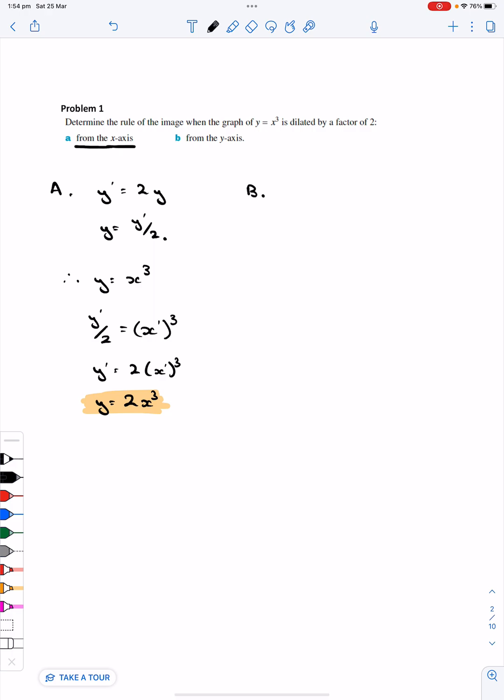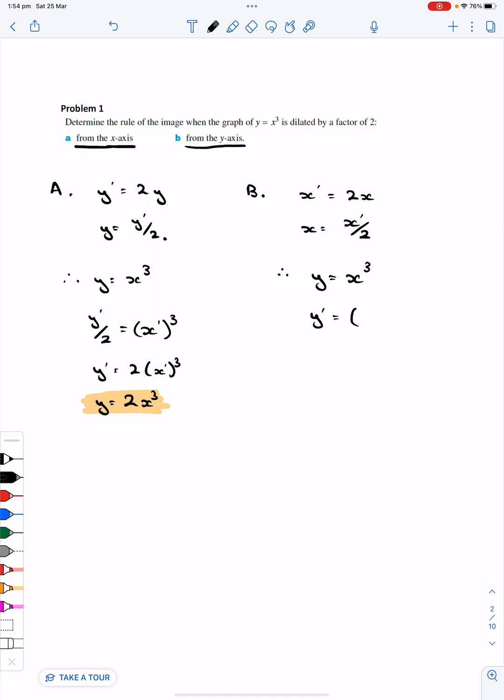Section B says that it's been dilated by a factor of 2 from the y-axis. So this means that it's going to be a horizontal dilation, and I can say that x image is 2 times x. Therefore, x by itself can equal x image on 2. Therefore, I'm going to use my original equation, y equals x cubed, and I'm going to start putting some substitution in.